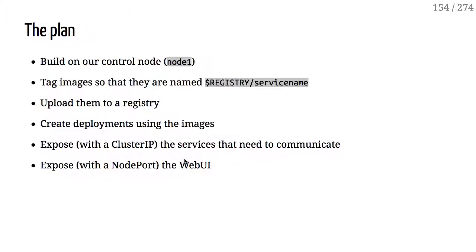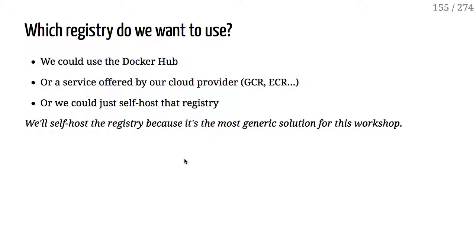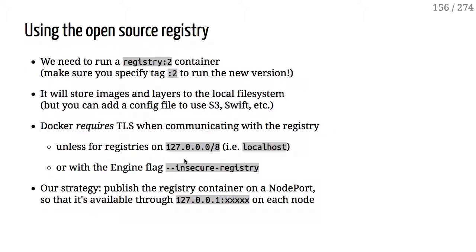We are going to build everything on Node 1. And then we are going to run a local registry, and push the images to the local registry. We could use other registries as well, like Docker Hub, or GCR, or ECR, or Quay, etc. But in this case, I'm going to use the self-hosted registry because it's faster and simpler.